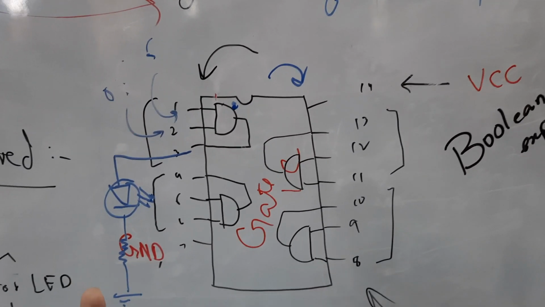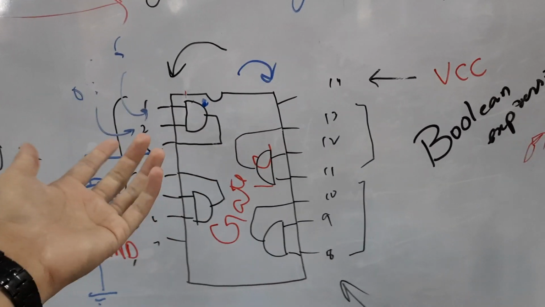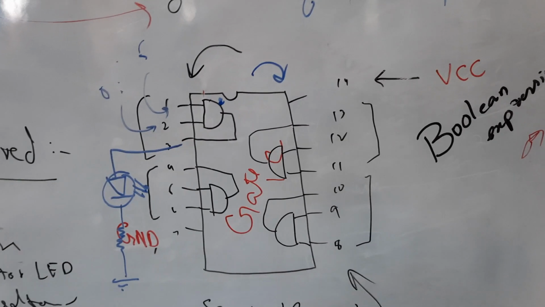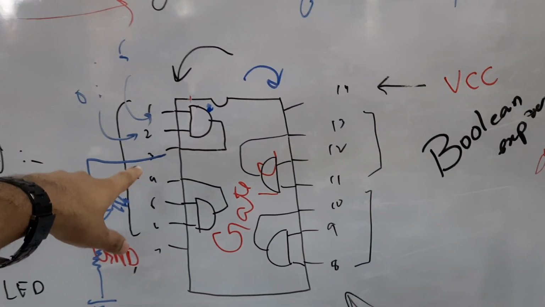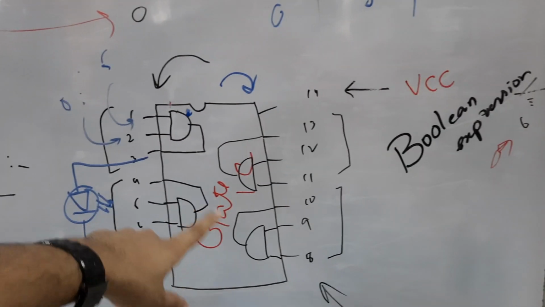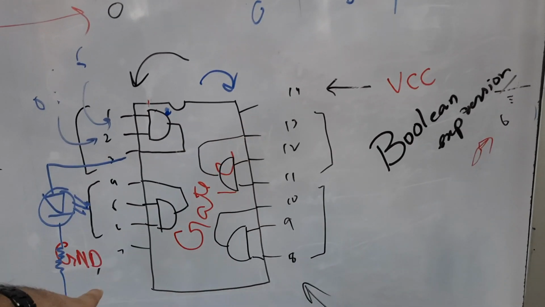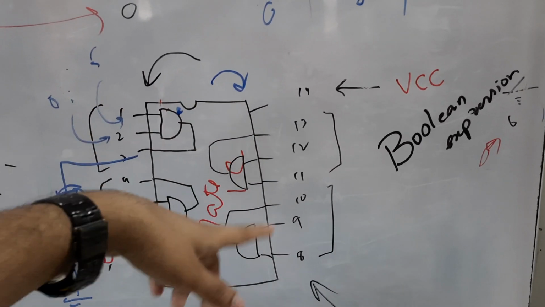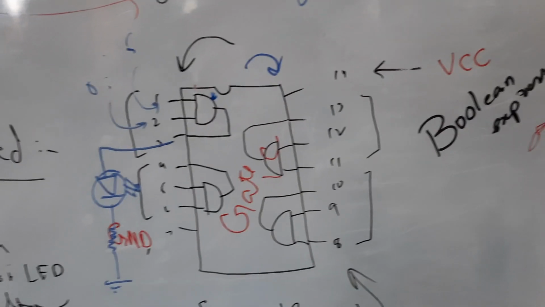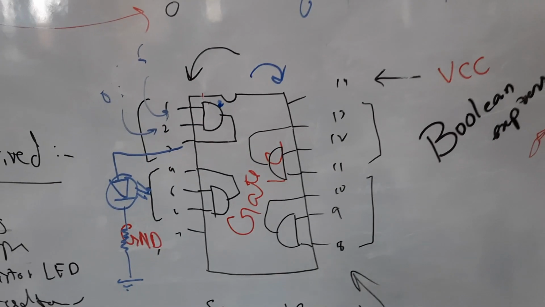One IC has exactly 4 gates, unless it's a NOT gate. As you know, one gate needs at least 3 pins, 2 for inputs and 1 for output, and there are a total of 14 pins. 2 are for powering up the IC, the remaining are 12, and 12 divided by 3 equals 4. So it means there are 4 gates, and all the 4 gates will be of the same type.